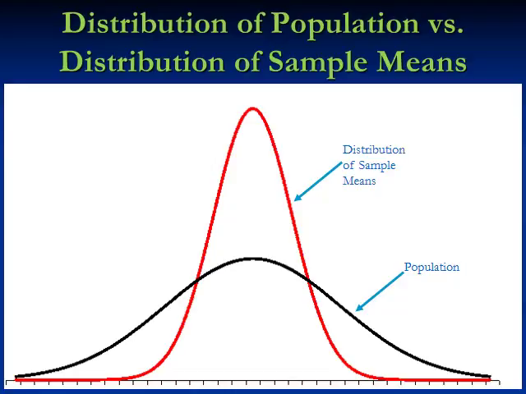Okay, and the answer is that the standard error of the means is always going to be smaller than the standard deviation of the population itself. It's going to be less dispersed than the actual population because, when we take samples of this population, the means of those samples are going to cluster pretty closely to the population mean itself.